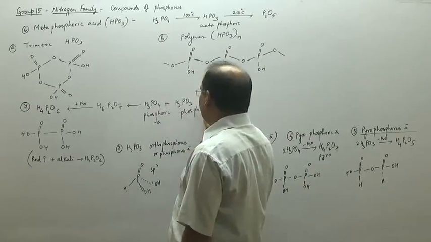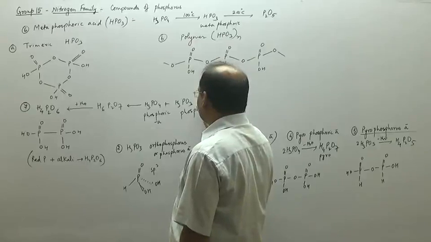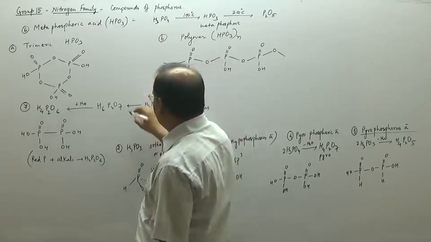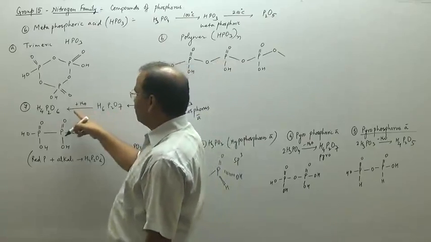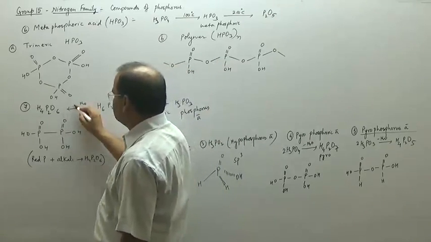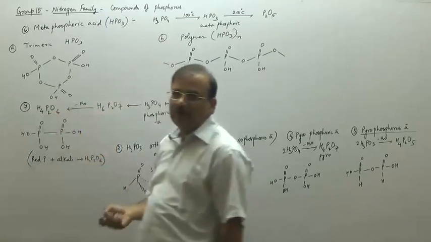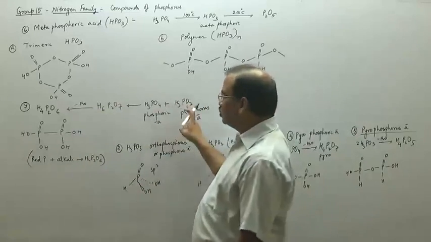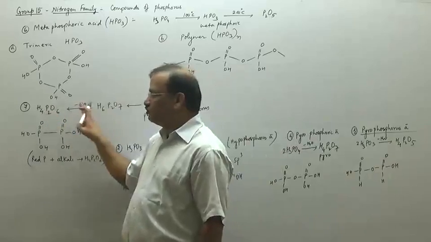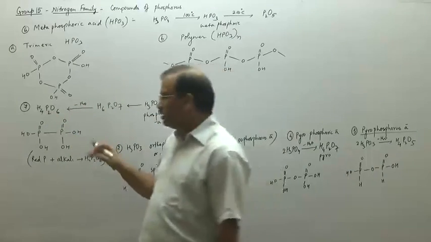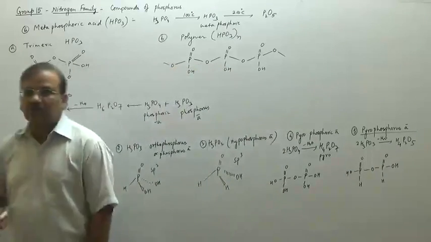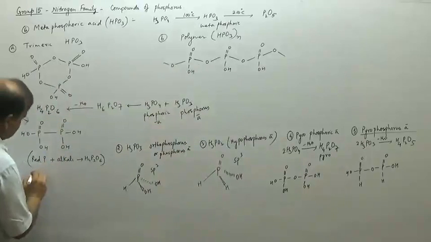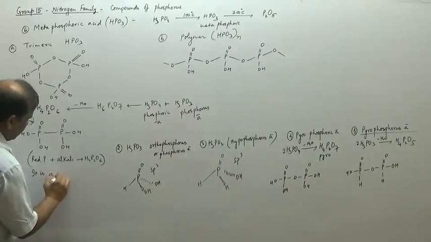When the phosphoric acid and the phosphorus acid both react and remove the water molecule, I get this. So that is how it is prepared. It is a mixture of phosphoric acid and phosphorus acid; when these two mix, we get this when the water molecule is removed. Dehydration. So it is a pyro acid, we can say that.